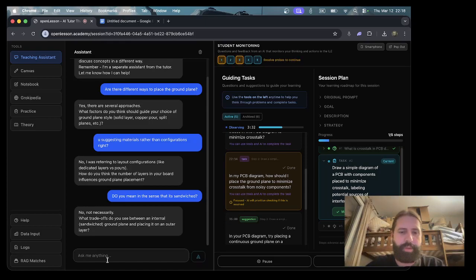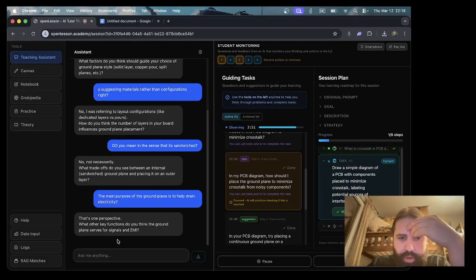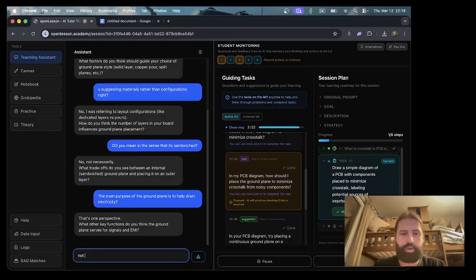So the main purpose of the ground plane is basically to help drain electricity, right? Not sure. Help me out a bit, please.